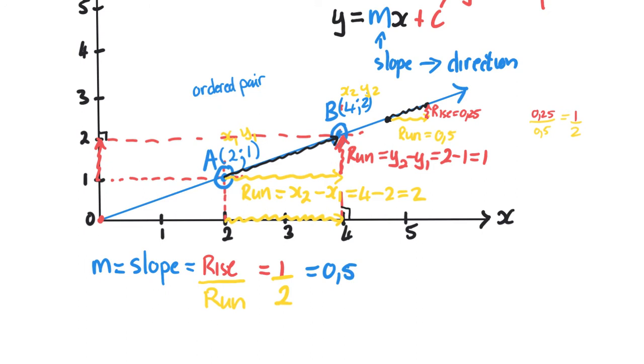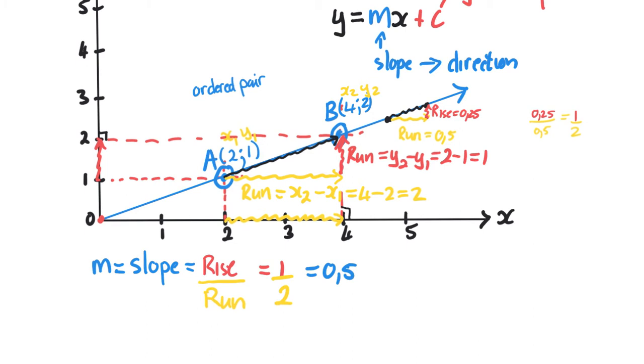So in order to determine where the graph is going, you actually just need 2 things. You need the point where the line crosses the y-axis, and then you need the steepness or the slope of the graph, and then you can draw the line.